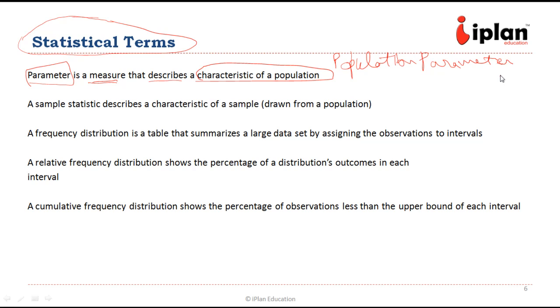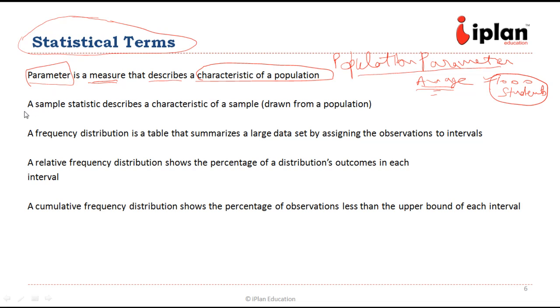For example, if we have say 1000 students as a whole population, then the average age of all 1000 students, this is a population parameter since we are talking about the whole population. This average will describe the characteristic of 1000 students, the complete population. So this is a population parameter.